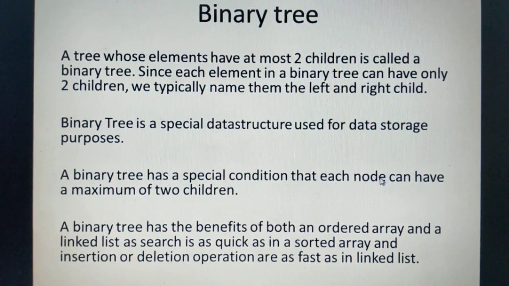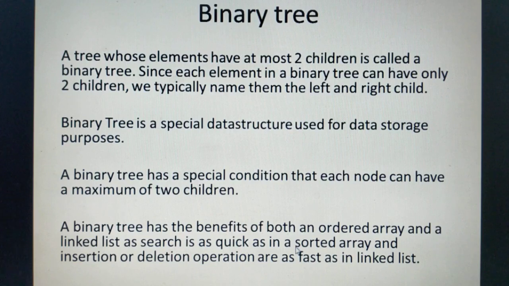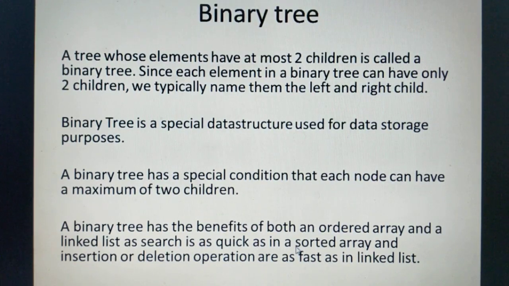The next point is, a binary tree has the benefits of both an ordered array and a linked list. We have studied linked lists, in which we have the searching operation. Here the binary tree has the advantages of an array and also the advantages of a linked list, so it's a combination.